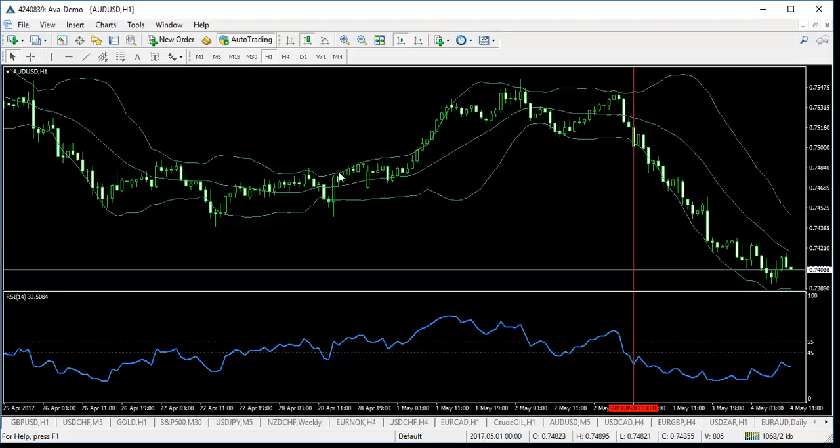Here's another example here where we've had a squeeze and the market's pretty much moving sideways. Okay, and as you can see, this candle over here, where we have added this vertical line, has again closed outside the top band, which is a bullish signal.